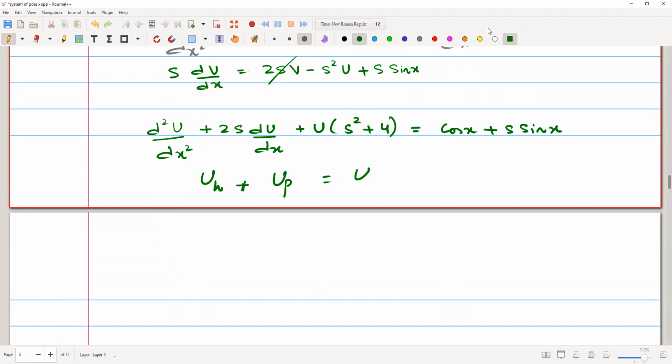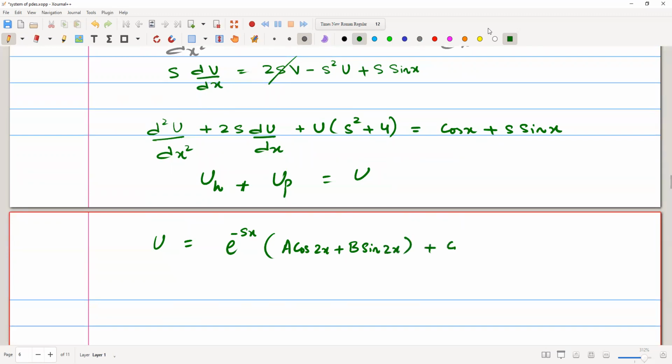Adding both of these, we will get ū. So I'm writing directly the solution of this equation, and you can simplify it and check the solution. What we will get here is e^(-sx)(a cos 2x + b sin 2x) + cos x/(s² + 1) + s sin x/(s² + 1).